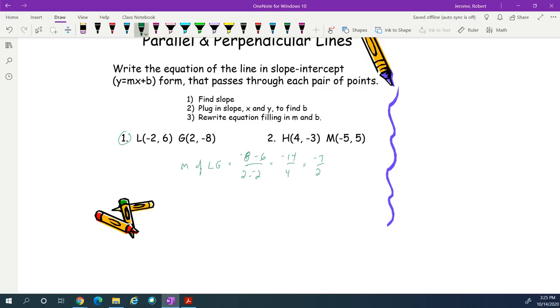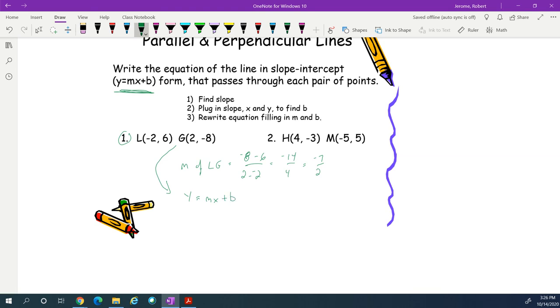Step 2, we're going to plug in x and y to find b. We're using our model equation of slope-intercept. We're going to use one of those points. It does not matter which one. It makes absolutely no difference. Pick one of them, and we're going to say y equals mx plus b.